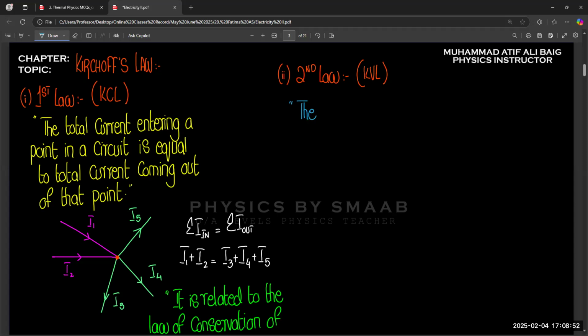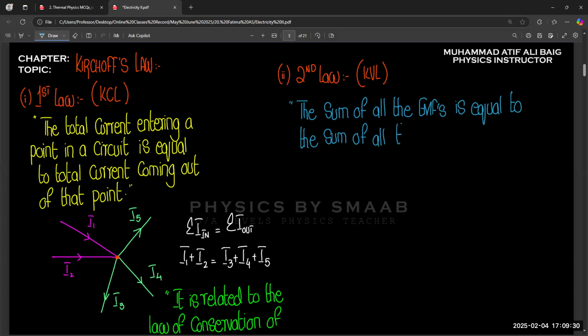So the sum of all the EMFs, if we are using two, three, four different sources of voltage, is equal to the sum of all the potential drops in a loop.